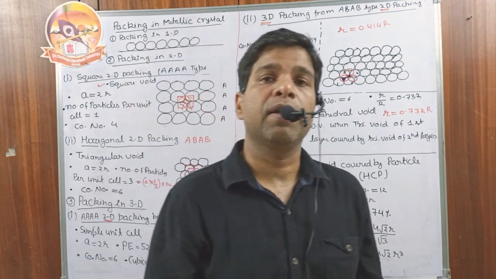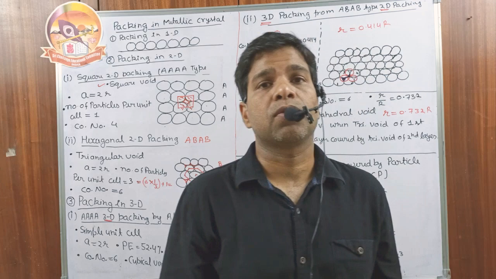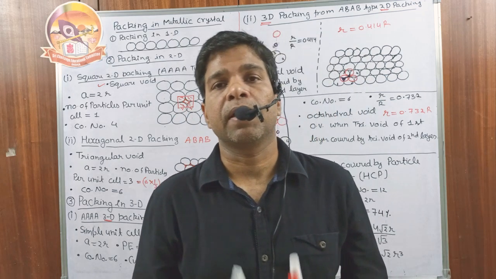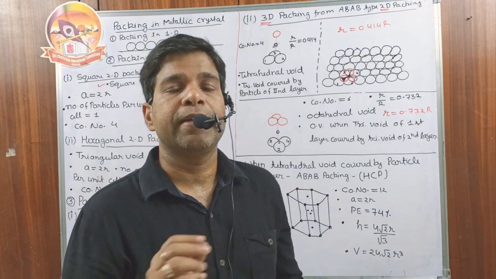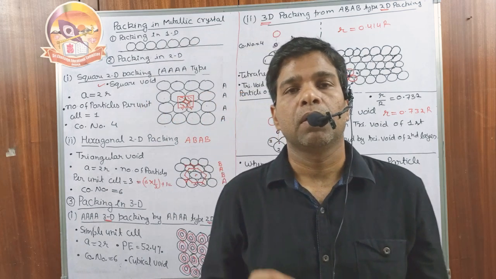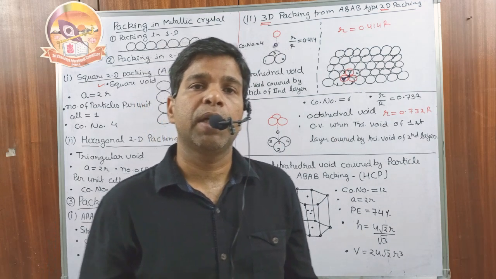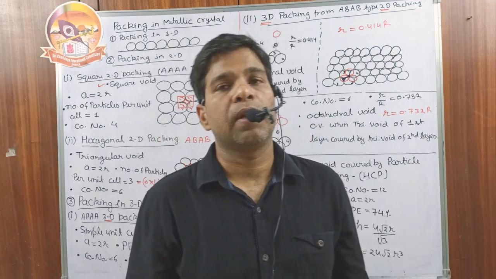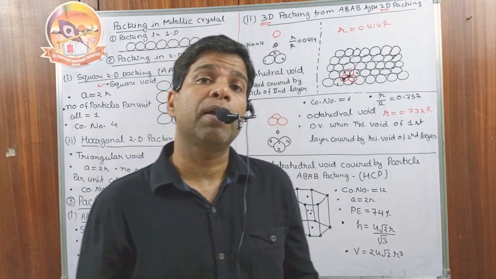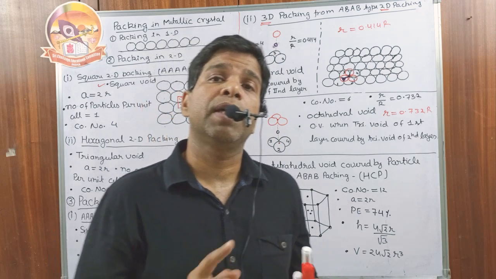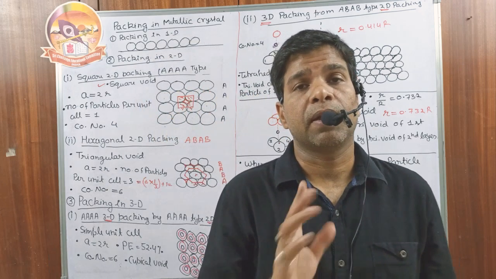But if the particle of the third layer is placed on the octahedral void, that gives the ABC 3D packing, that gives the FCC. It is very important to remember this.